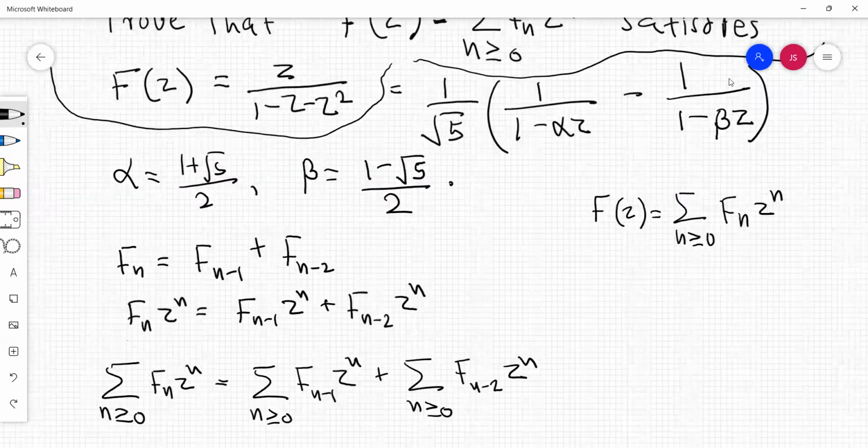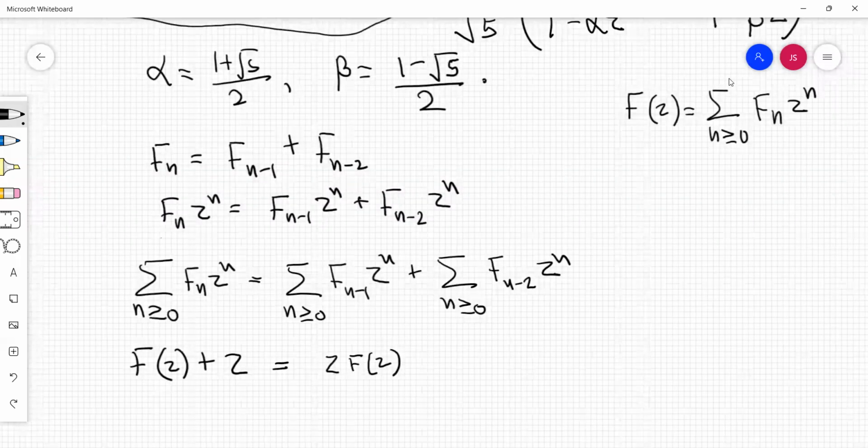Right, that is the coefficient. So n equals 0. Why is it coefficient plus coefficient?